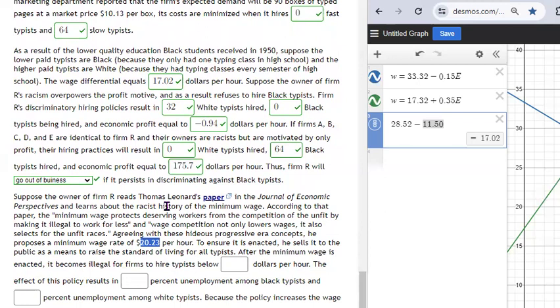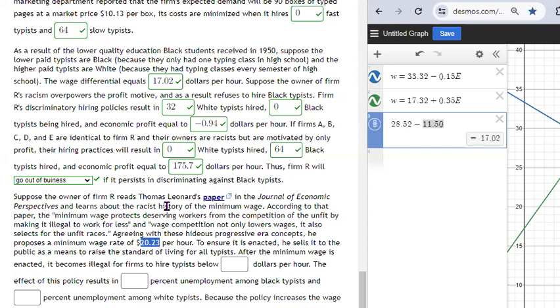Well, you enact a minimum wage. Now, to ensure it is enacted, he sells it to the public as a means to raise the standard of living for all typists. In fact, he's trying to enforce, in reality, his racist outcome, right?